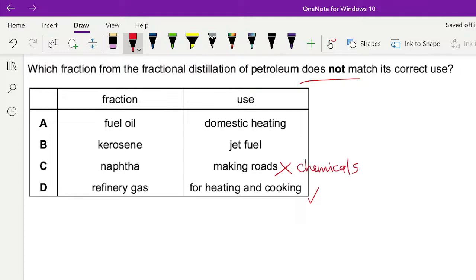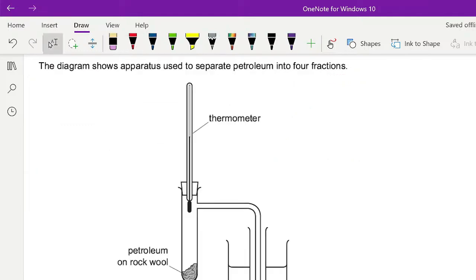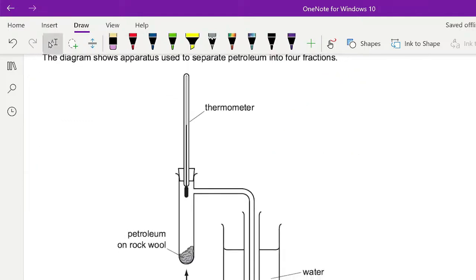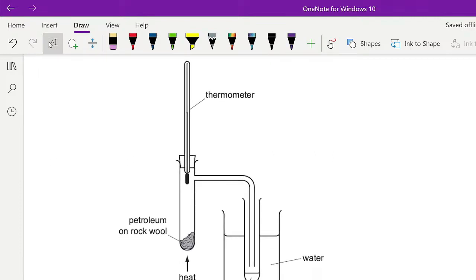And kerosene is for jet fuel. Fuel oil is for domestic heating, for heaters during winter. Some heaters use fuel oil. So answer is C.